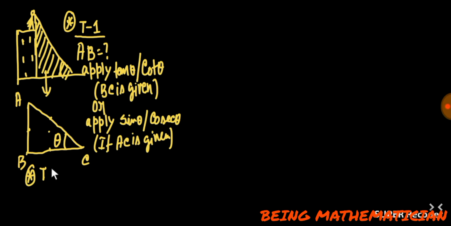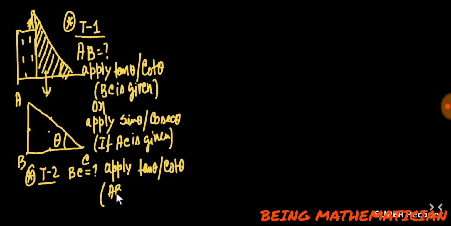Now let's see trick number 2. If we want to determine BC, then we apply tan theta or cot theta if AB is given, because tan theta and cot theta are in reciprocal relation.